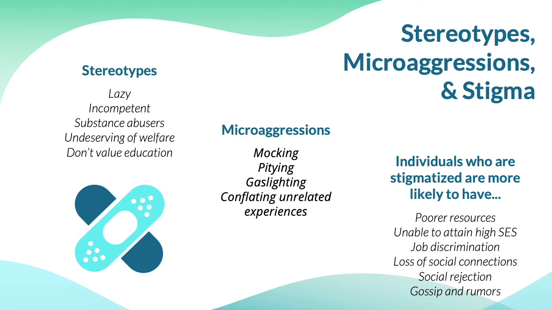The stigma and loss of power becomes a cycle where marginalized individuals are not able to fully access their rights, which then traps them into the cycle of poverty. As the cycle continues, the stereotypes and stigma continue to build and restrict more opportunities. The social rejection often causes gossip and rumors to arise, which further reinforces the shame, stigma, and humiliation experienced by low SES individuals.